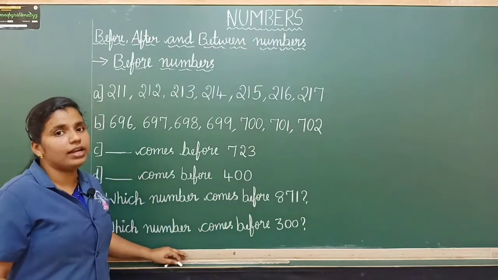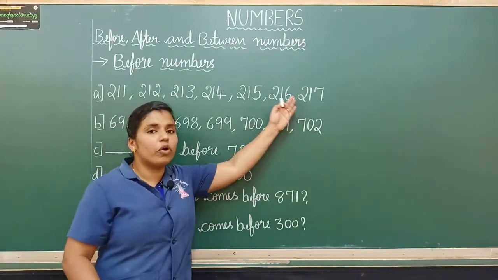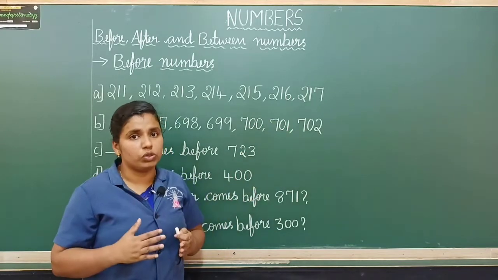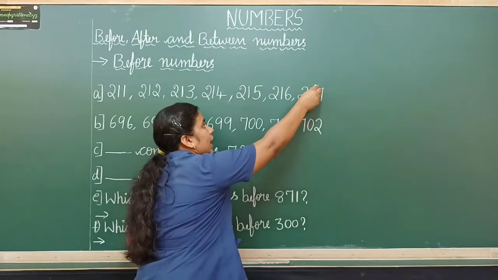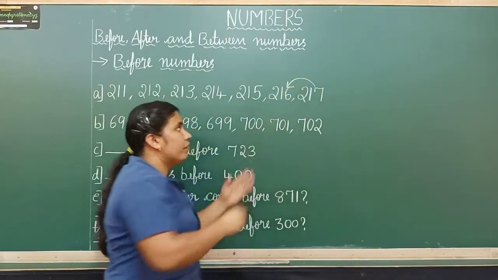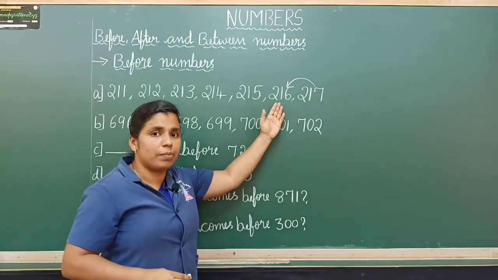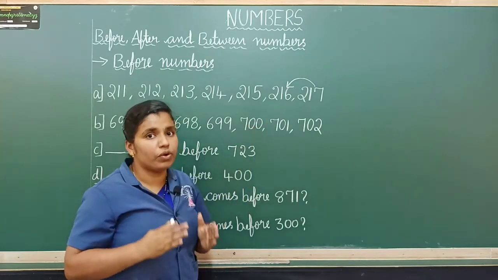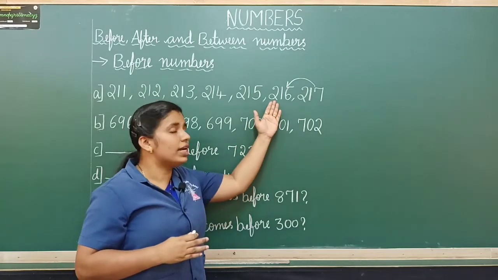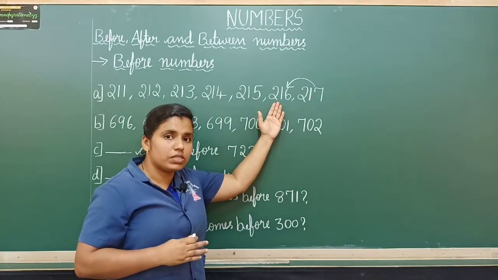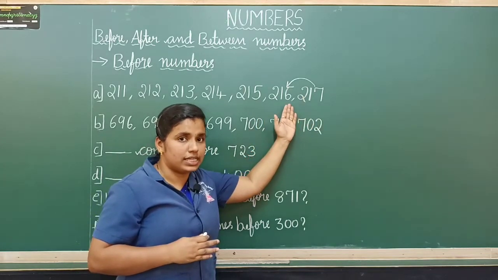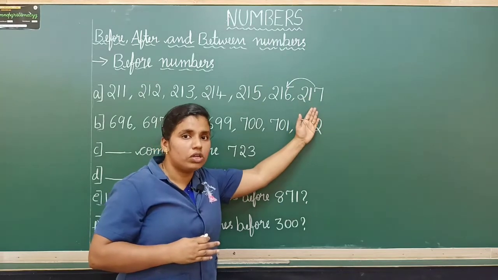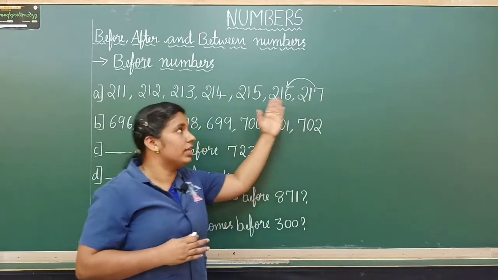You know that to get before numbers, we have to count backward. So when you start counting backward, the first previous number will be the before number. So 216 comes before 217.